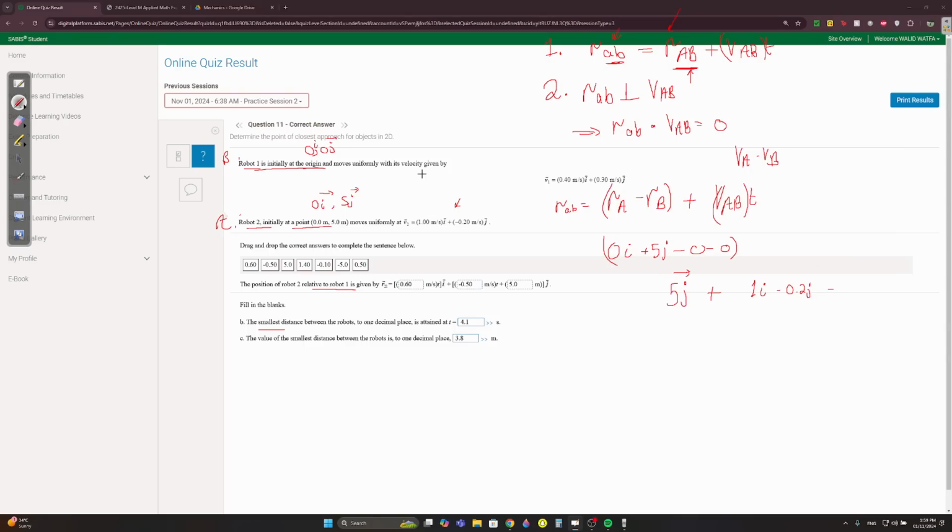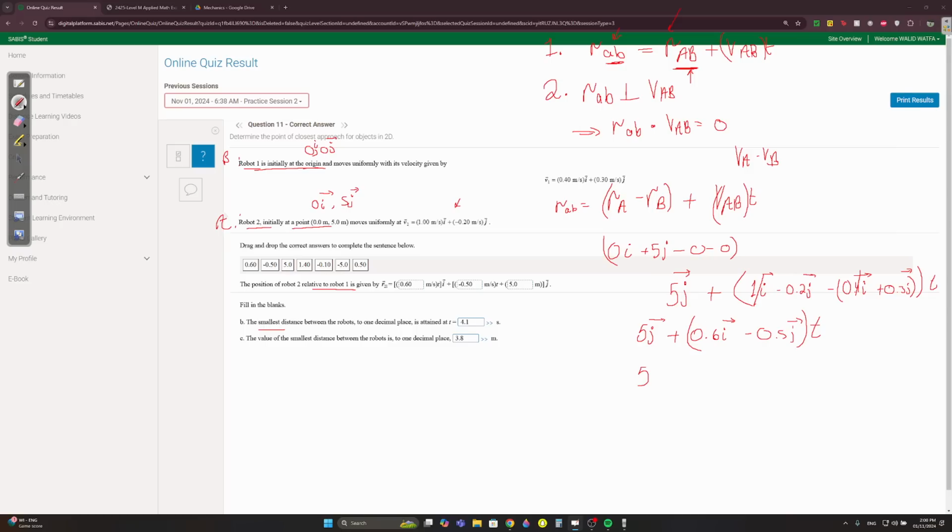We said robot 1 is B. So 0.4I plus 0.3J. Times T. So you're going to get 5J plus 1I minus 0.4I is 0.6I. Minus 0.2 minus 0.3, minus 0.5, times T.